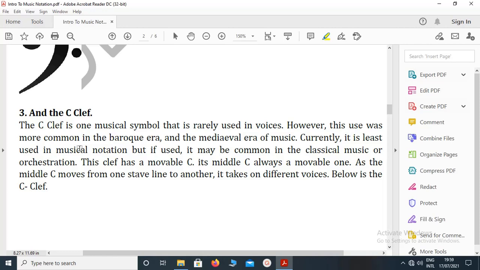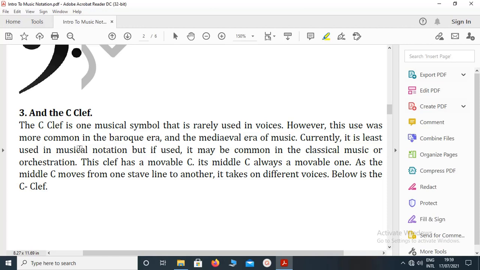Currently, it is least used in musical notation, but if used, it may be common in classical music or orchestration. Sometimes we use it to represent certain instruments, for example the alto voice, the tenor voice, and even at some point the soprano voice, which is least used.